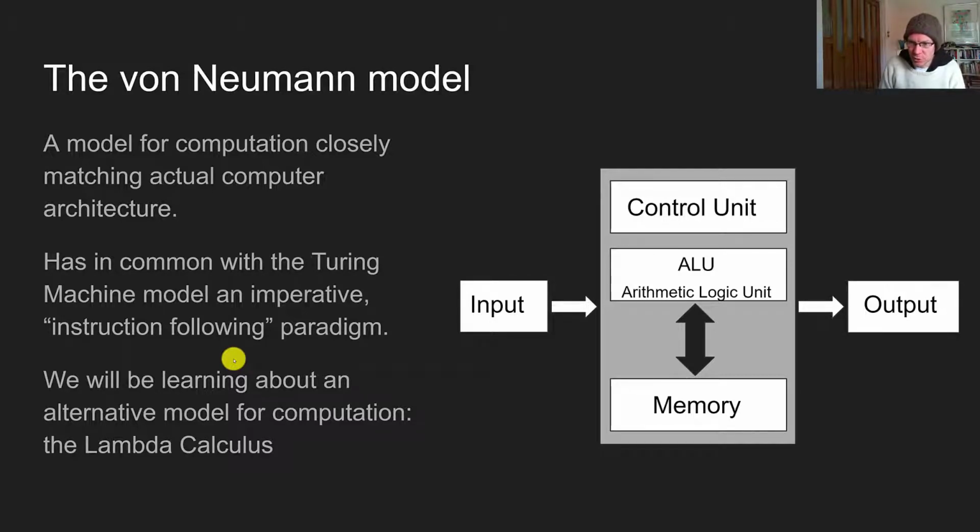While that was sufficient for Alan Turing to reason about computation and prove various things about computation that were very important, it's not necessarily a great way to think about programming and solving problems in programming languages. And so we'll be learning about another model for computation called the lambda calculus, which is the inspiration for functional programming languages. And as we'll see, it's quite useful in terms of allowing us to compose elements of programs and manipulate programs in an abstract but very useful way.